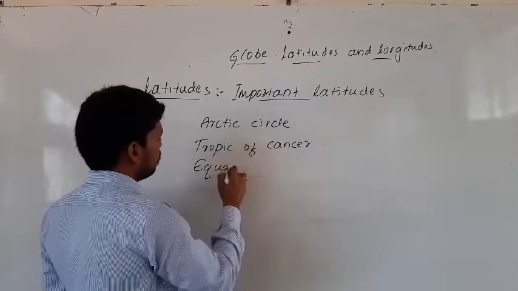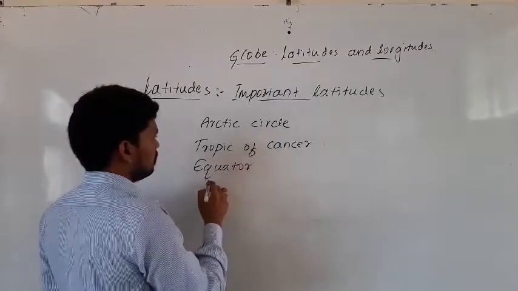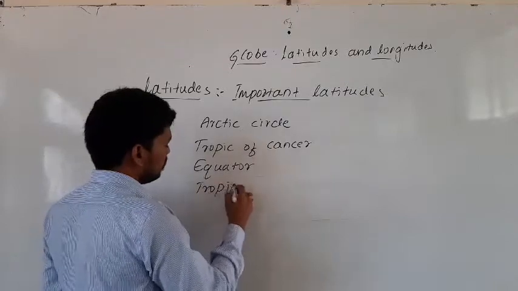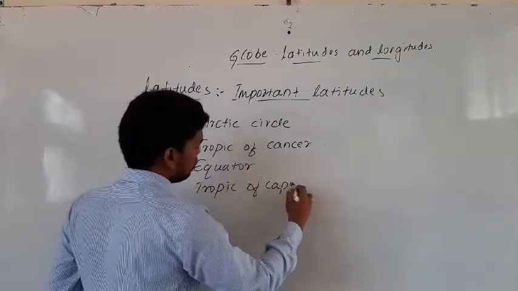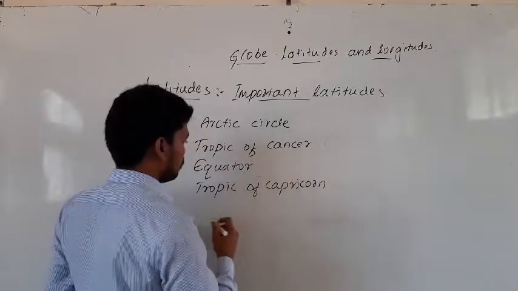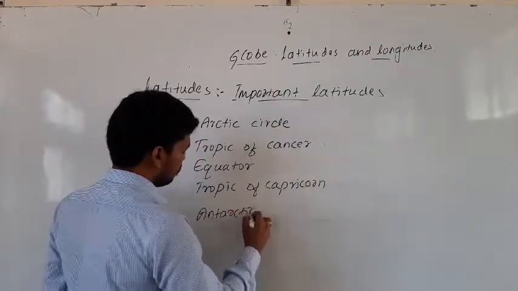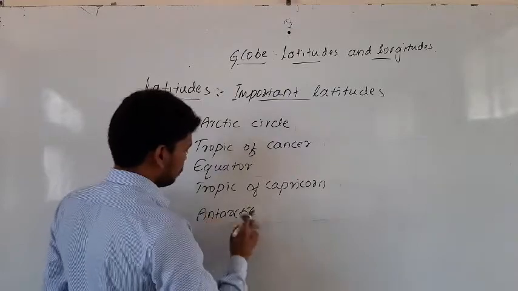The Equator. The Equator is the most important latitude. And the Tropic of Capricorn. Then the Antarctic Circle.